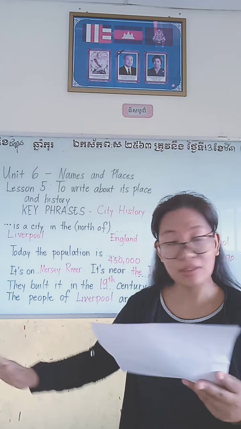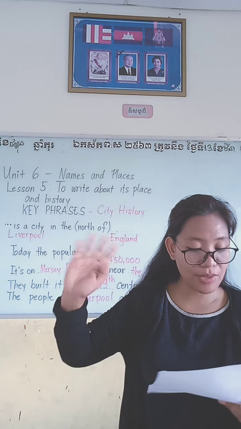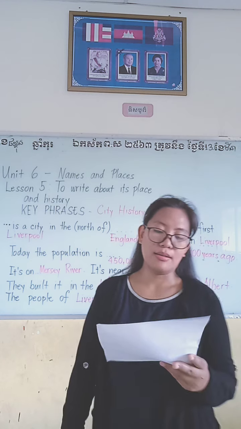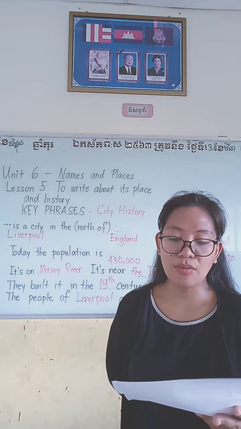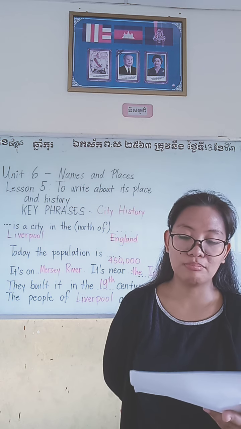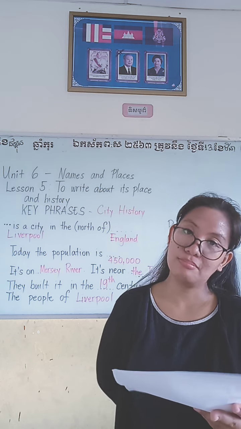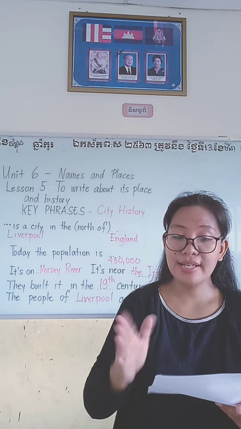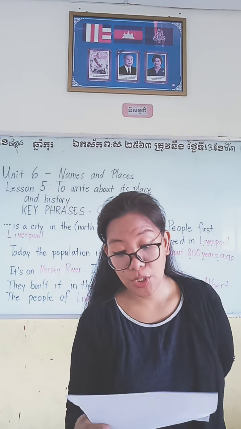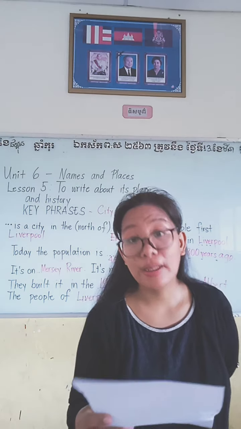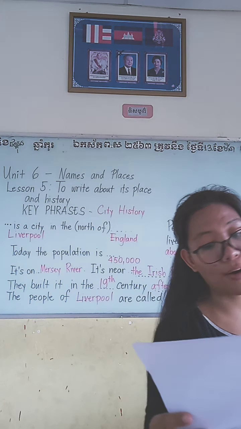So you have to look. What is the name of the river, right? Next, what was Liverpool's name 800 years ago? So there is an article here in your homework number 3 and you can find the answer there.